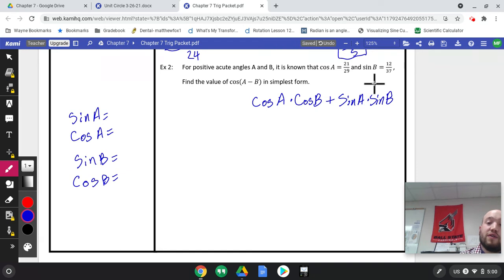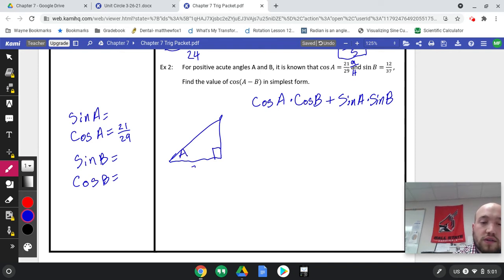Now, we already have 2 of them. Cosine of A, 21 over 29. So I'm going to go ahead and fill that in. 21 over 29. So that's A over H. So once again, as I draw this right triangle, our A adjacent to this angle, so that's 21, H 29.